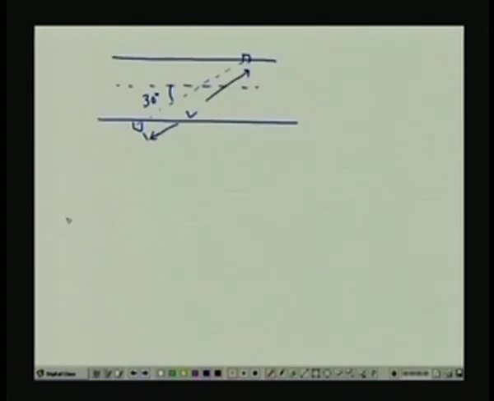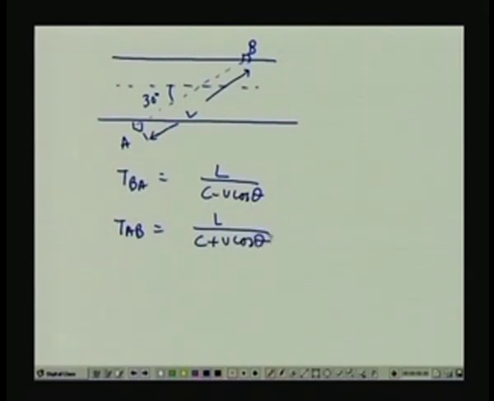So, we see that, if we say A transmitted to B, so TBA is L by C minus V cos theta, TAB is equal to L by C plus V cos theta. So, delta T I can write 2L V cos theta by C square, right.